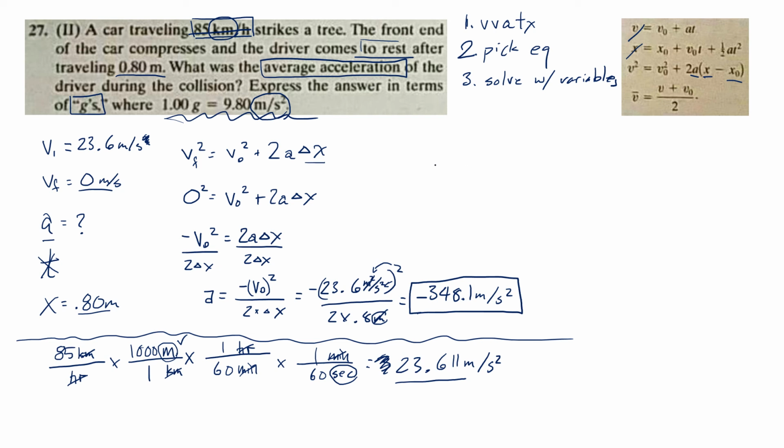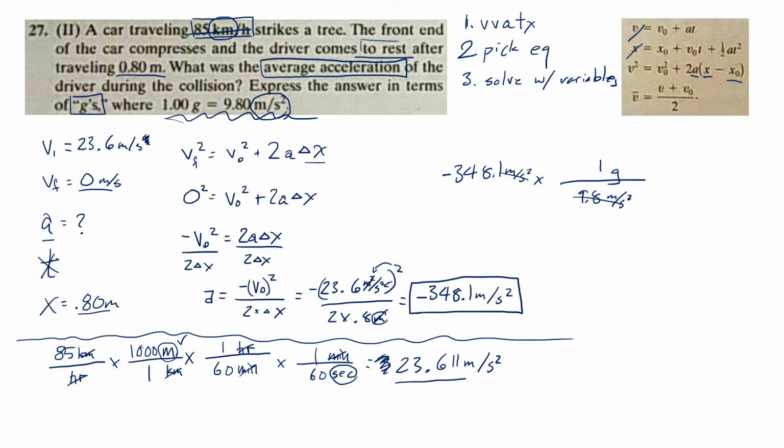So our given in this case is negative 348.1 meters per second squared. We know that the acceleration of gravity is 9.8 meters per second squared. This is 1 g, so this whole thing cancels, right? So it's just 348.1 divided by 9.8. Let me punch that in.